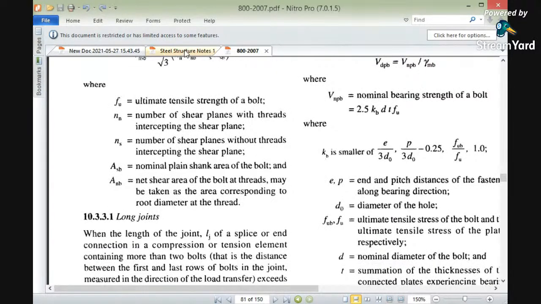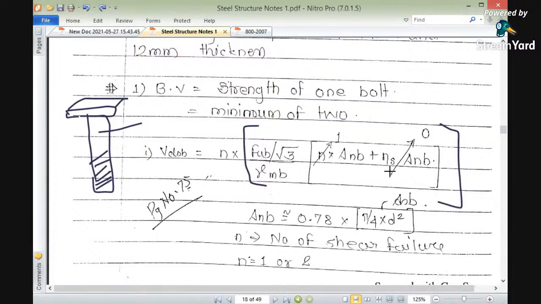The same way we have taken this formula, Anb and Asb. How to find out the shank area and the threaded area? The threaded area is nothing but 0.78 times the shank area.